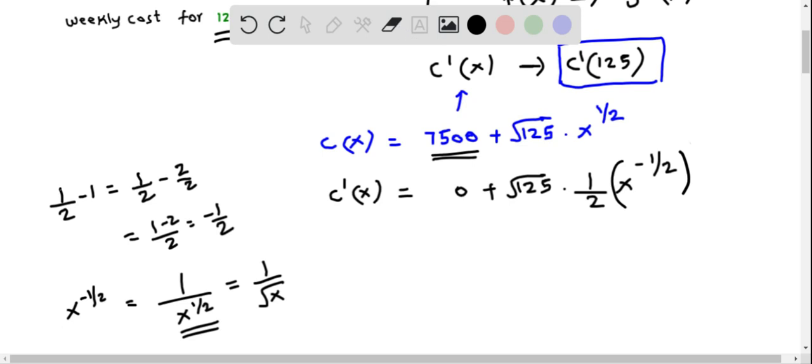So C prime of x equals root 125 in the numerator divided by 2 times root x. So this is the simplified expression for the first derivative of the cost function.